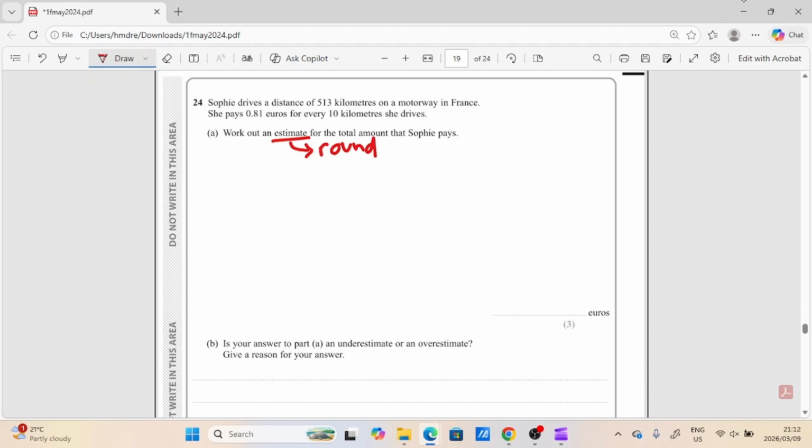So I'm going to say this 513 kilometers, let's round it down to just 500. That'll make our lives a lot easier. And then 0.81 euros, we round that just to 0.8 euros, because it also makes it pretty easy for us.